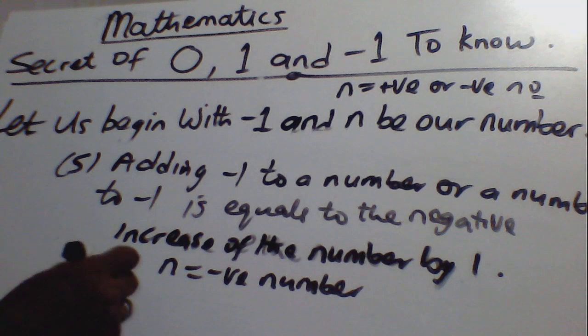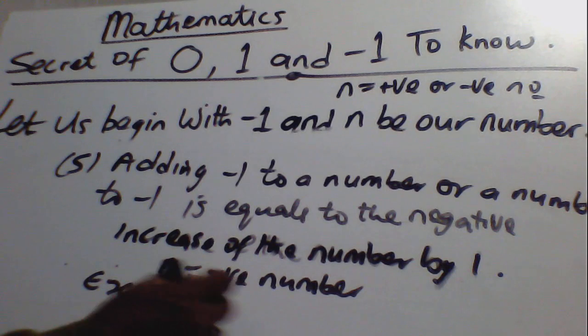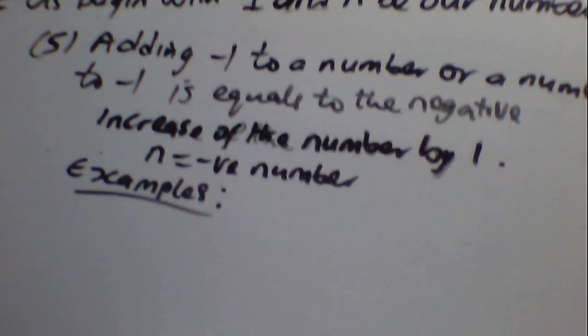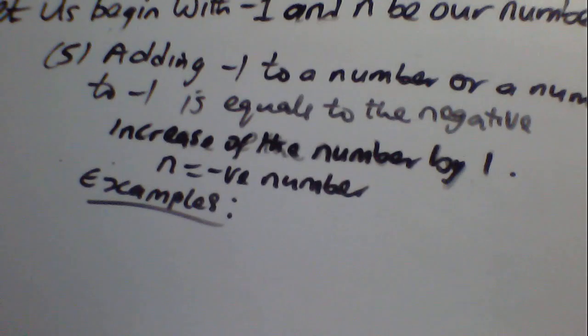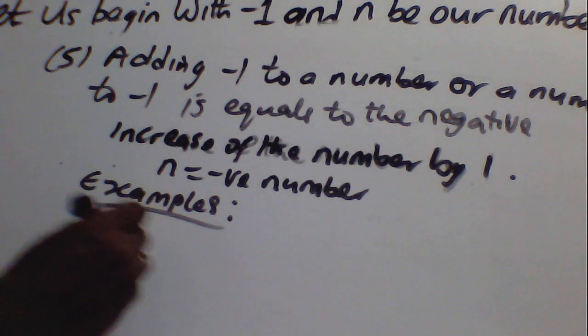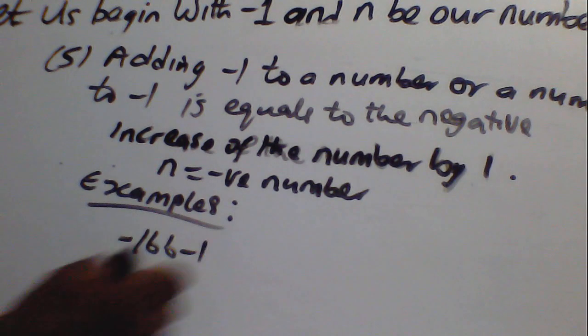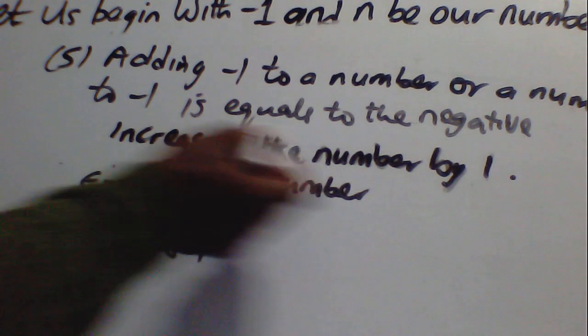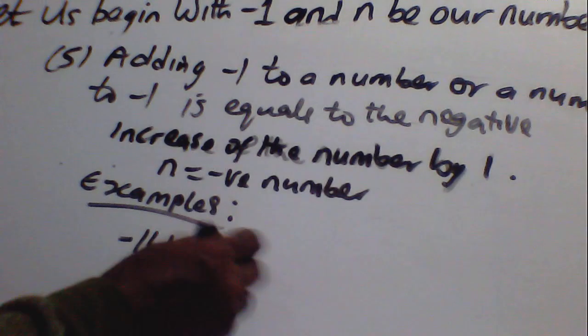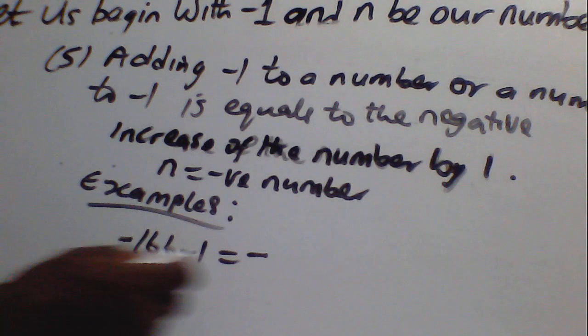So for example, we have minus 166 minus 1, which is equal to the negative increase of the number by 1. So this will give us the negative increase of this number by 1.